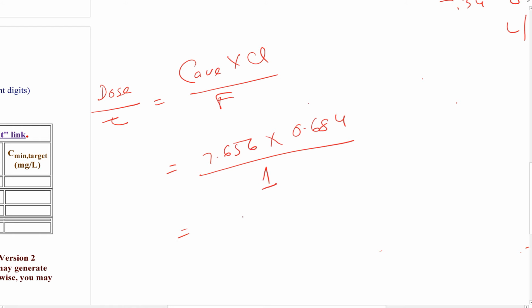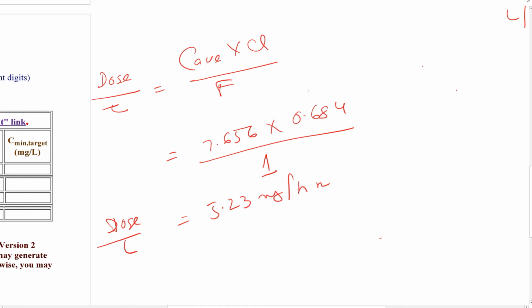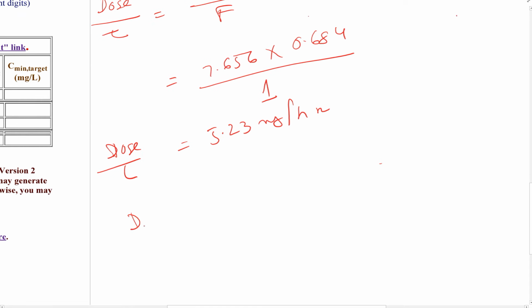So our dose by tau is equal to 5.23 milligram per hour. So this is a dosing rate. So we have to calculate the dose. That means you calculate 5.23 times the hour.